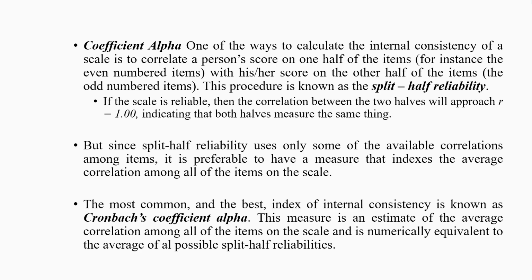Now, the most common and the best index of internal consistency that is widely used is called Cronbach's coefficient alpha. This measure is an estimate of the average correlation among all of the items on the scale and is numerically equivalent to the average of all possible split half reliabilities. So, this is a statistical measure that gives you the best estimate of split half reliability given your scale.